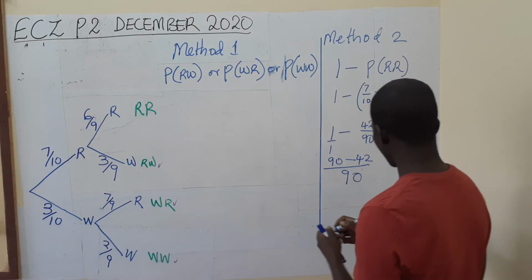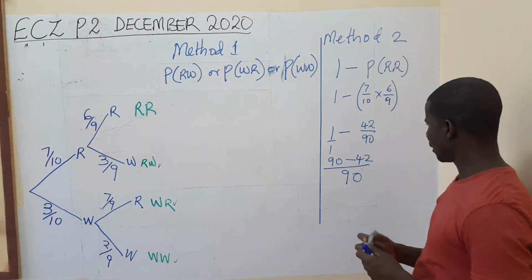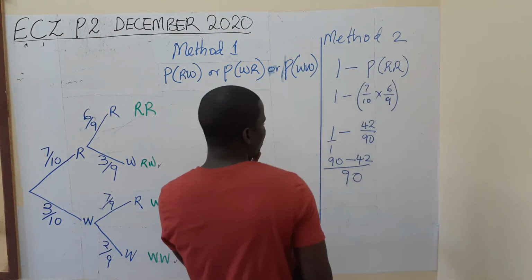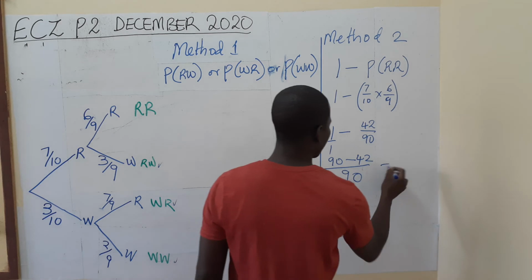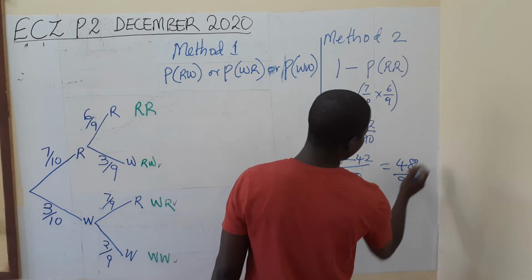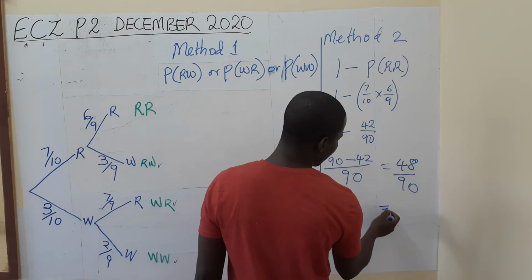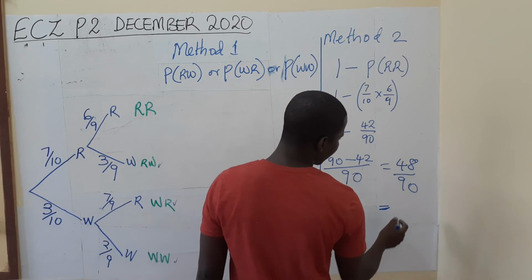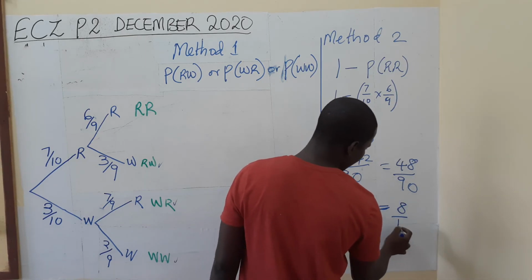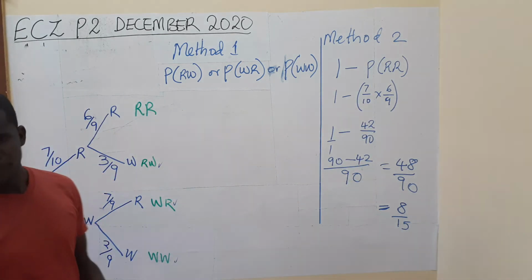What are we going to get? 48, isn't it? We are going to get 48 over 90. When we simplify this one, we got 8 over 15. This is what we got, isn't it?